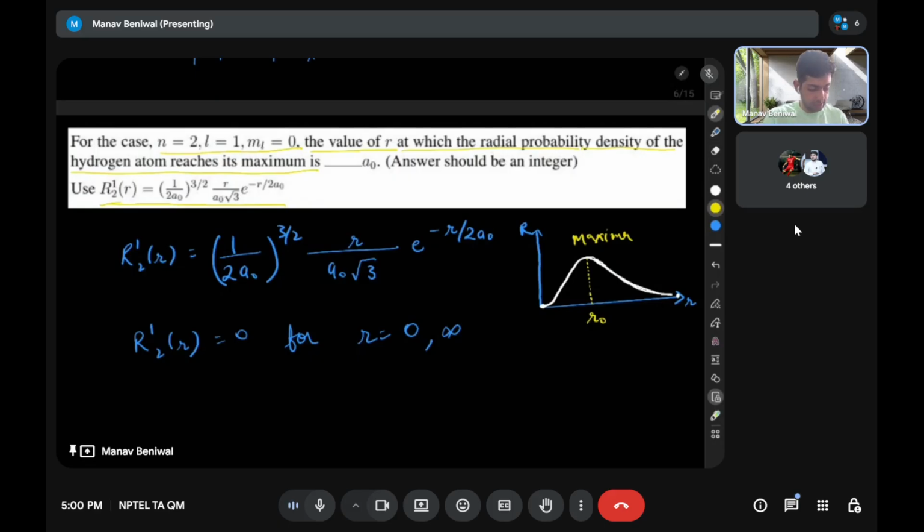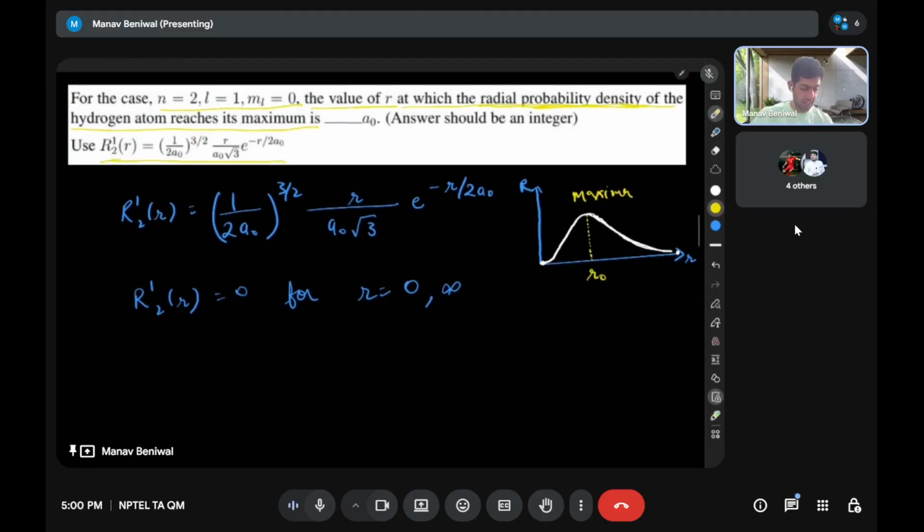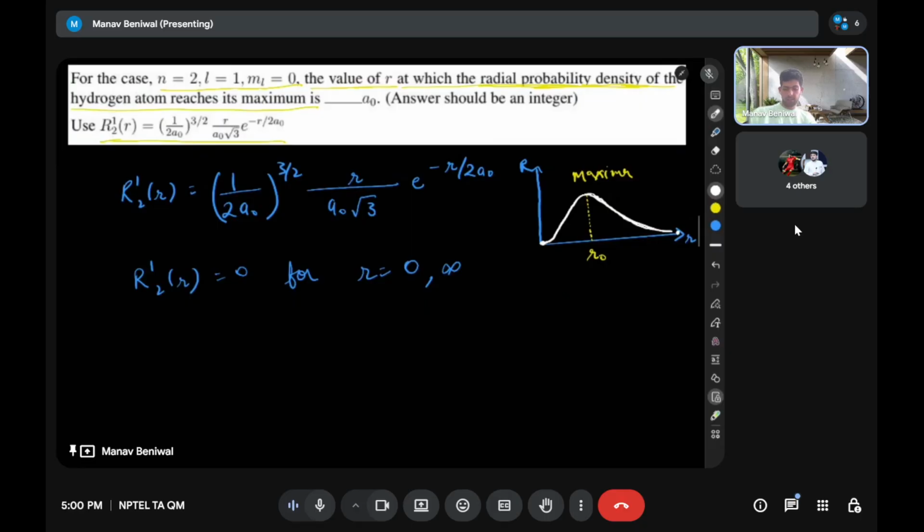So they are asking where the radial probability density of the hydrogen atom reaches its maximum. So for the radial probability density, what we need to do? We need to square this thing, right? And then take the first derivative, put it equal to 0, and then we will have it. So let's do it. Our probability density, let me call that P of r.